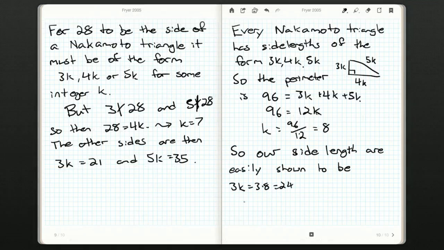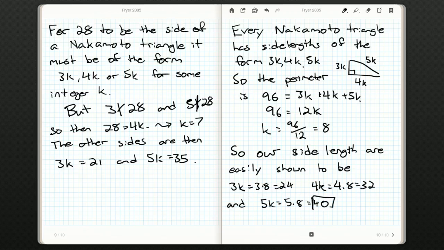We get 3 times k is 24. 4k, so that's 4 times 8. That's 32. And 5k, that's going to be 40.